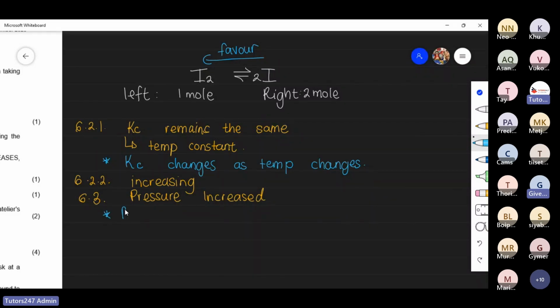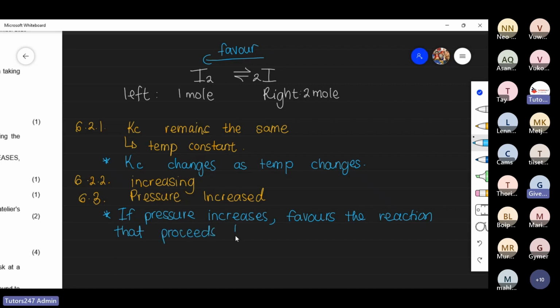We said that if pressure increases, the reaction or the system favors the reaction that proceeds towards the side with fewer number of moles.